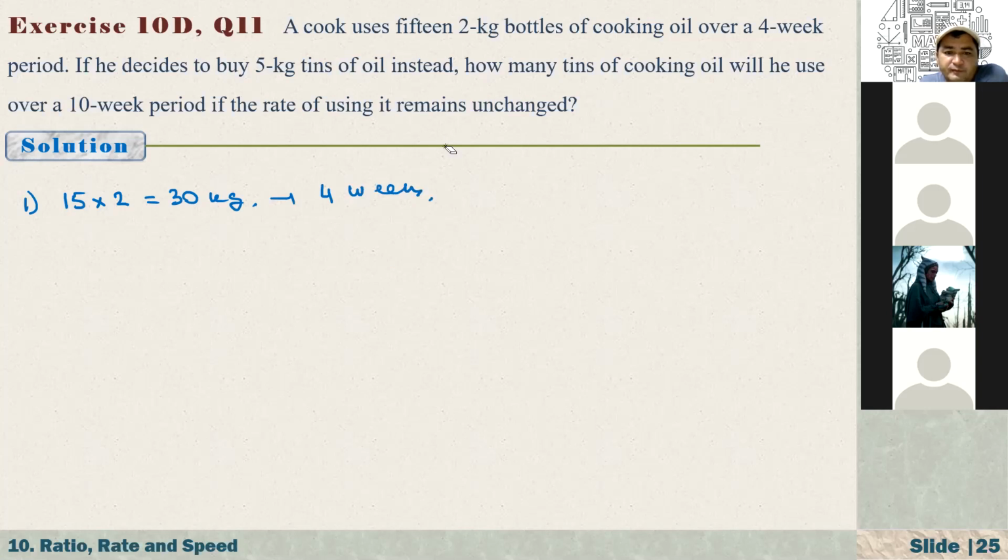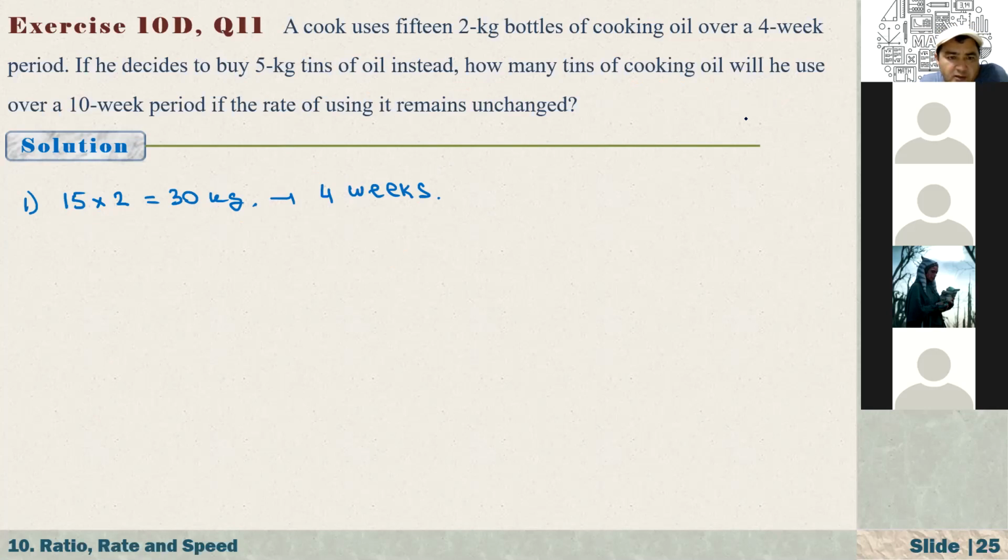All right. If he decides to buy 5 kg tins of oil instead, how many tins of cooking oil will he use over a 10-week period if the rate of using it remains unchanged, right? So that means a 10-week period.